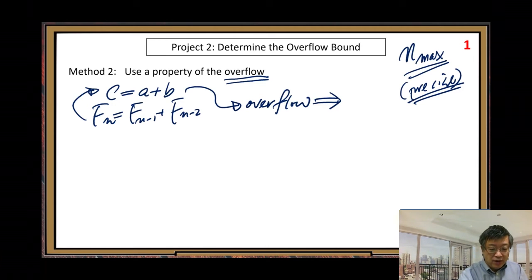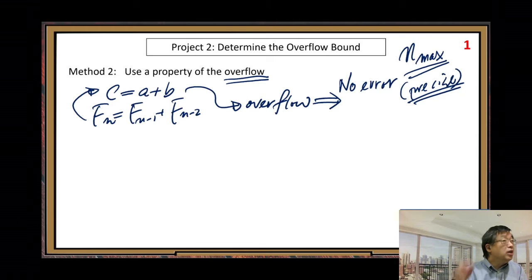In the computer, there is no error message. You cannot see any indicator regarding overflow. That's the reason we need to do detection. Otherwise, we wouldn't need to, because there is no sign, no signal, no indication about the overflow.